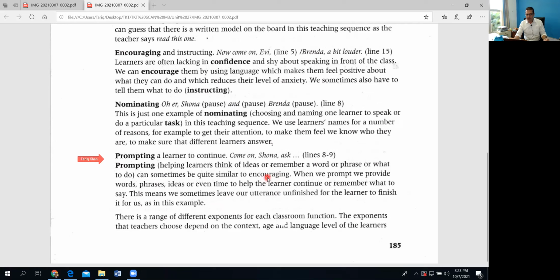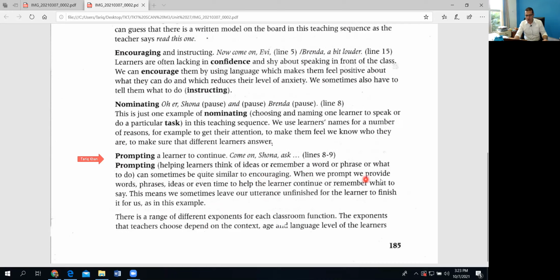It can sometimes be like encouraging. The difference is that encouraging comes before starting, while prompting might be when they have started and are lacking in something, and then you remind them and give some clues and some encouragement. So it almost resembles encouragement.